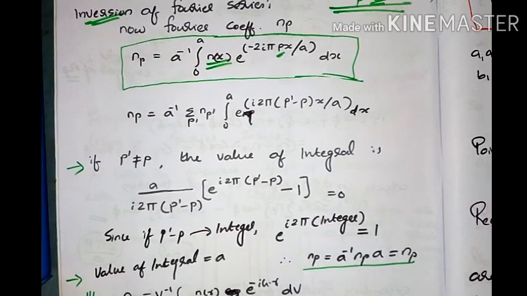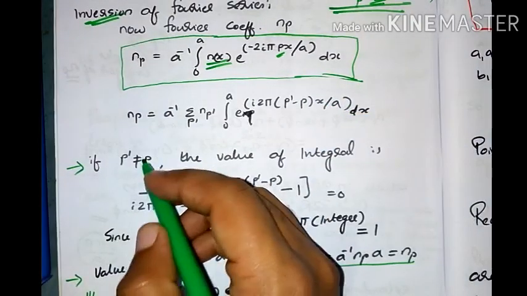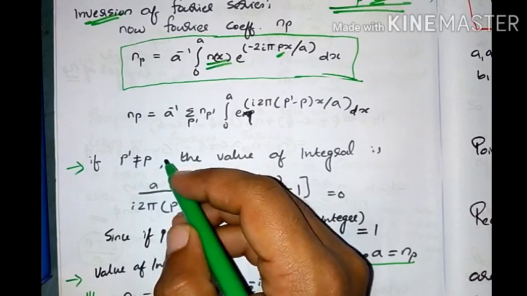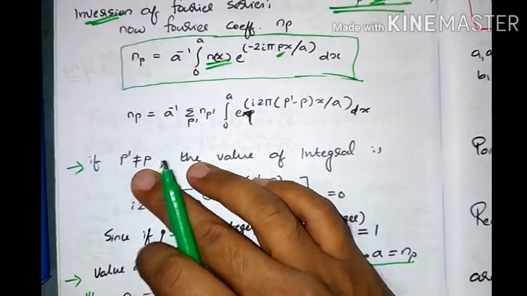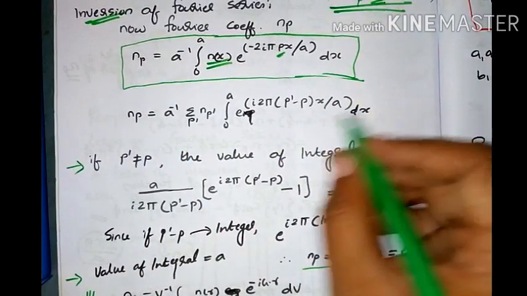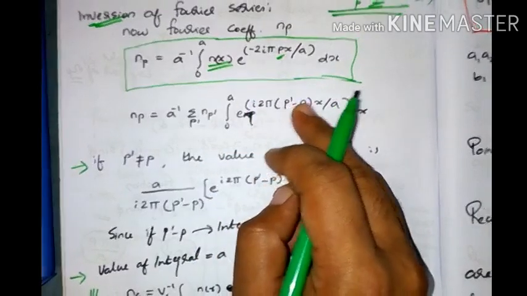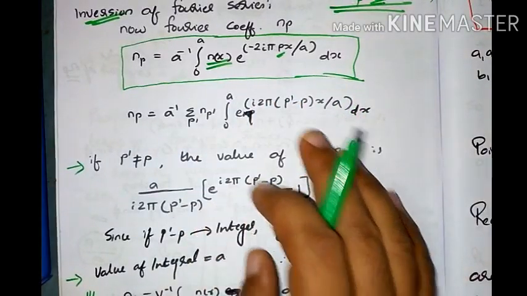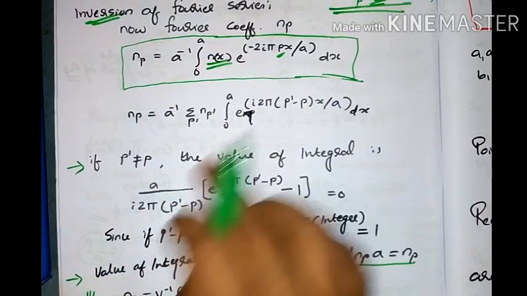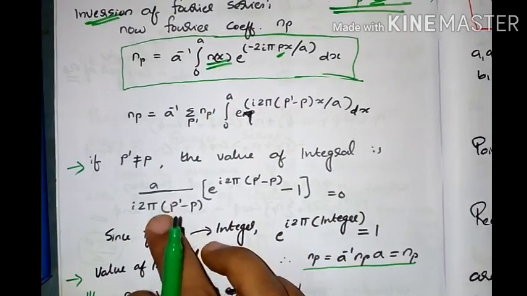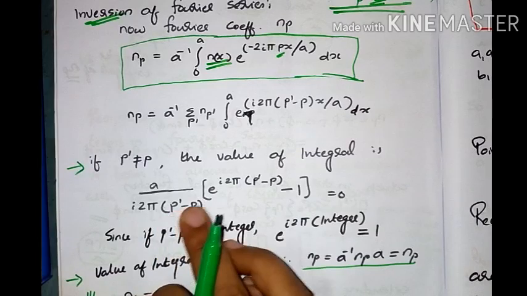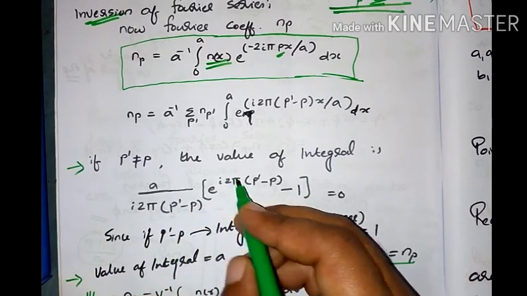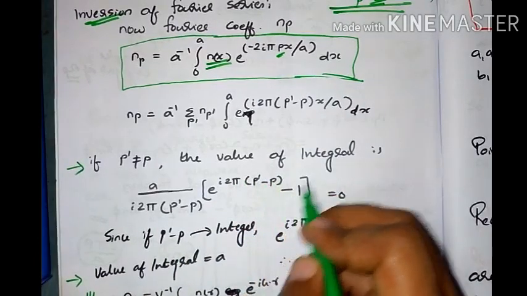So we are trying to analyze the two conditions. If p dash is not equal to p, the value of the integral, when we do the integration, we get a by i 2 pi p dash minus p, e raised to i 2 pi p dash minus p, minus 1.